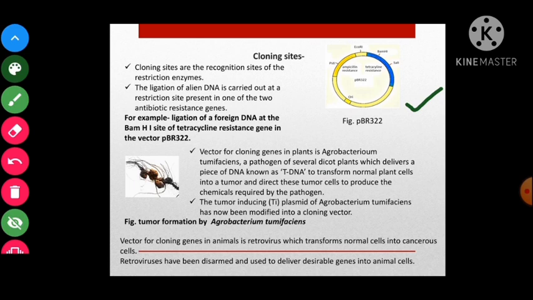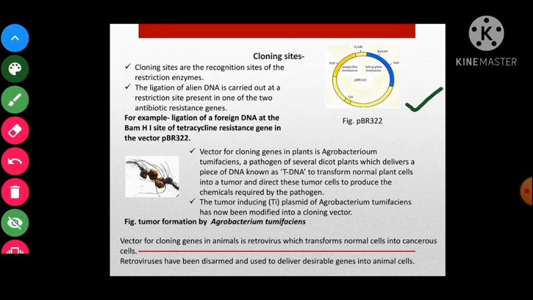The transformants growing on the medium containing ampicillin are then transferred onto a medium containing tetracycline. The recombinants will grow on the ampicillin-containing medium, but not on the one containing tetracycline. On the other hand, non-recombinants will grow on both media, and thus recombinants are selected.